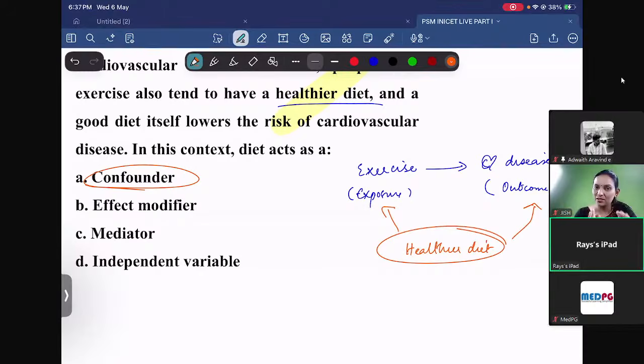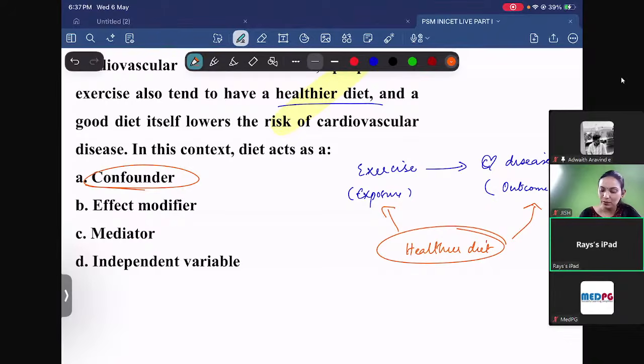So there is a relationship between the exposure and an outcome. There is an association. When there's an effect modifier, it either increases or exaggerates the association, or it decreases the association. But it does not have the power to create an association which was not already there. So that is effect modifier. And the rest of the options, mediator and independent variable, don't come into play here. So you will get confused between confounder and effect modifier.